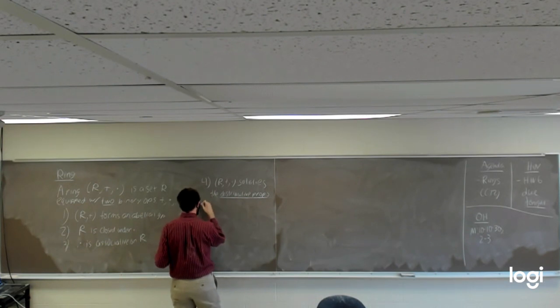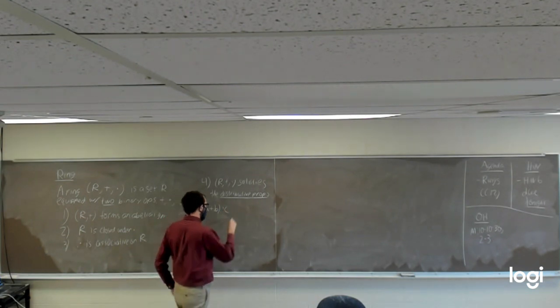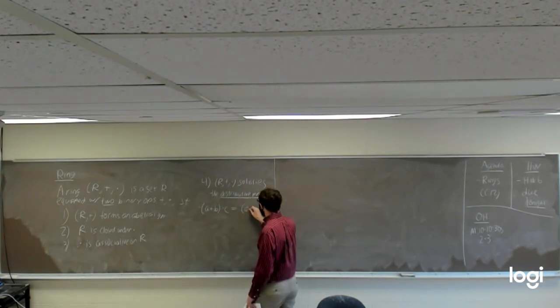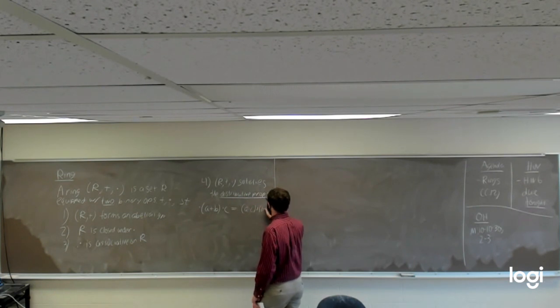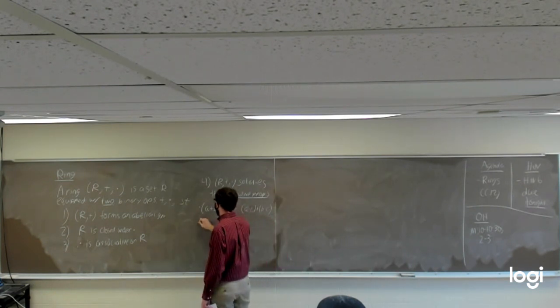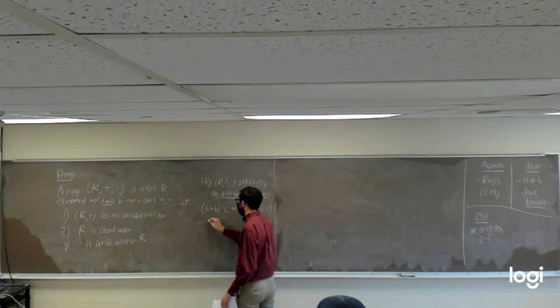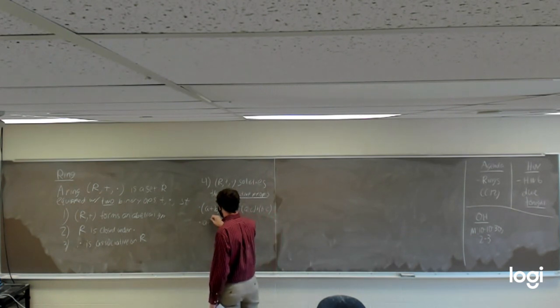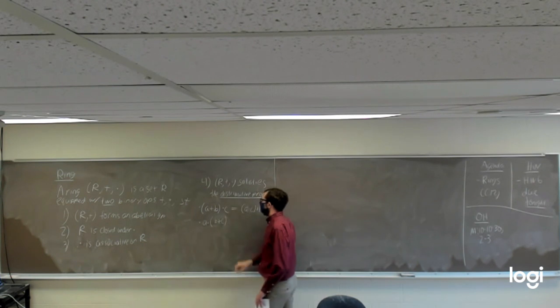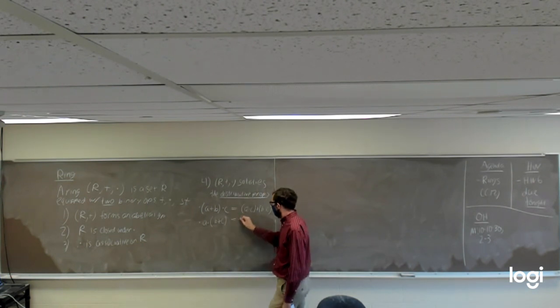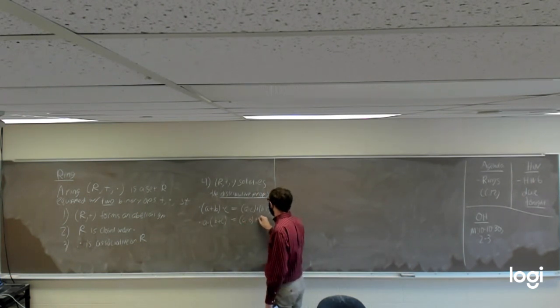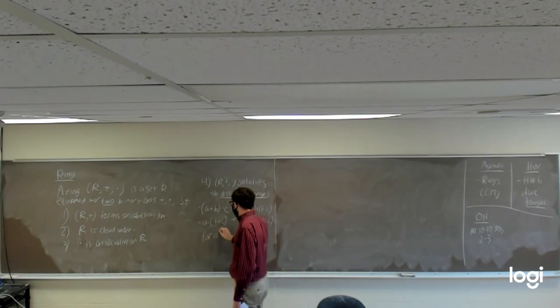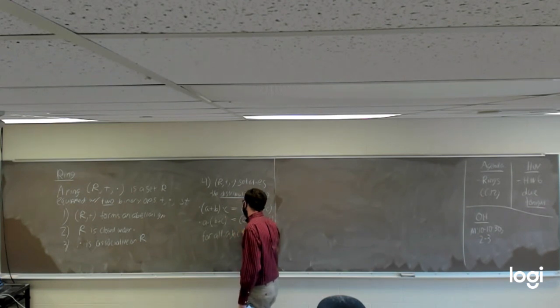And what these properties say, first one says that if you were to add two elements, a and b, and then multiply by c, you're always going to get the same thing as a times c plus b times c. And then the second one is basically the same, but in reverse. If you take a and you multiply by the expression b plus c, we're going to get a times b plus a times c, for all a, b, c elements in R.